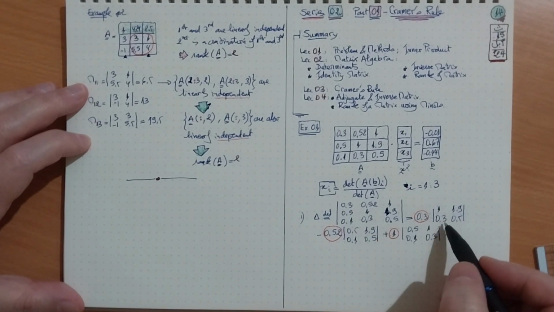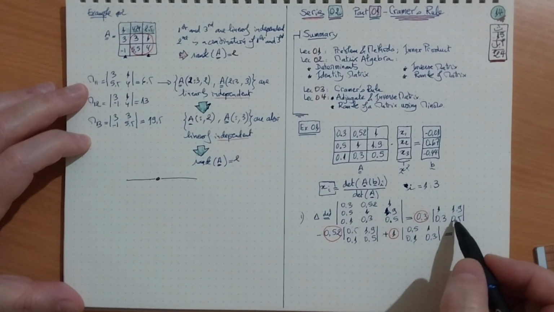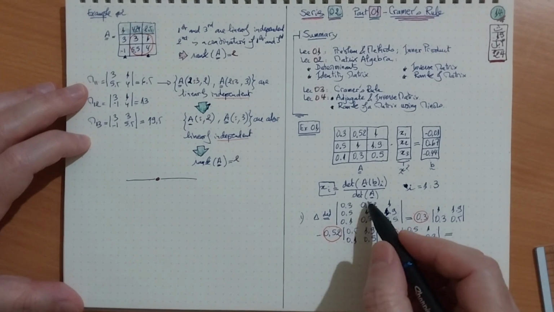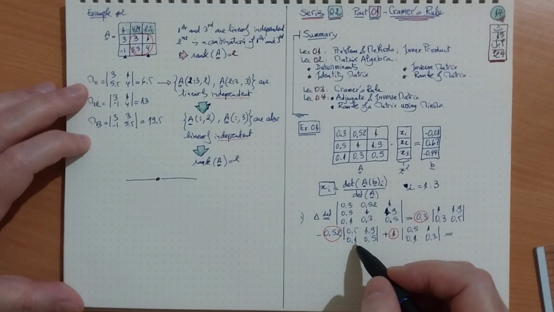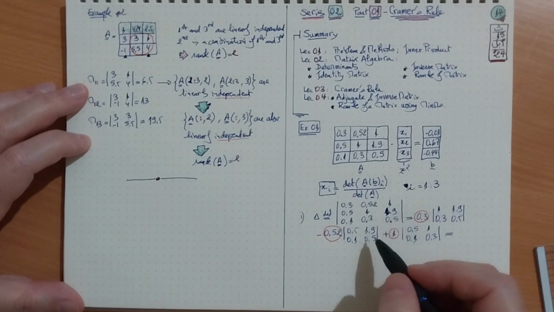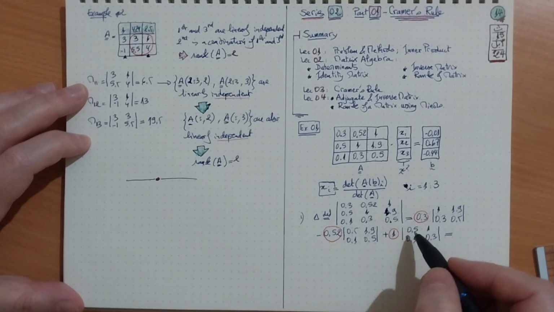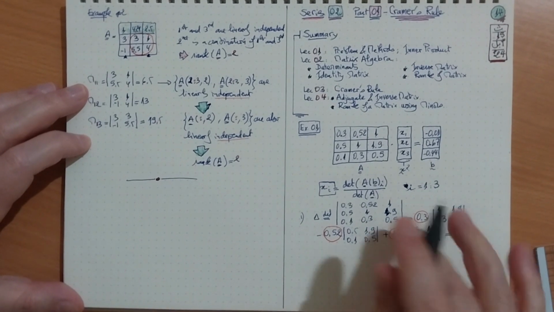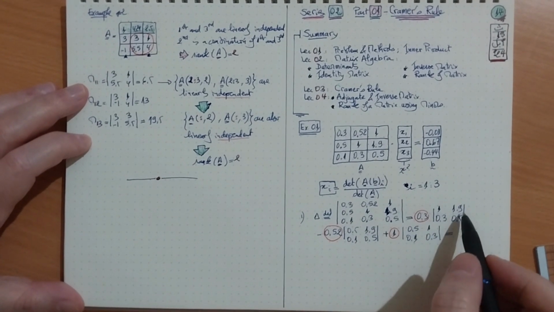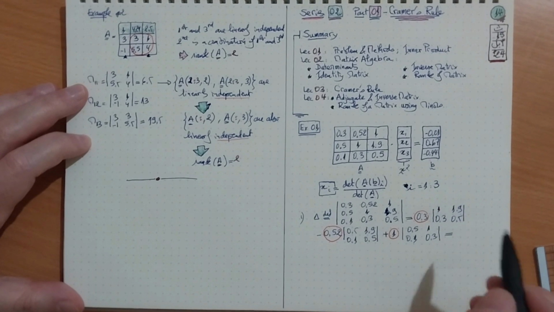So 103, 1.9, 1.9, and 0.5. For the second element, we have 0.5, 0.5, 0.1, and 1.9, 0.5. Okay, and for the third element, 0.5, 0.1, and 1, 0.3. Okay, and we do calculation of minor of a 2 by 2 matrix, very simple.